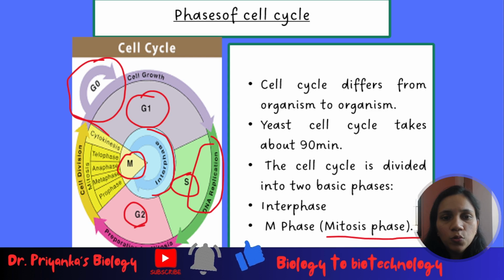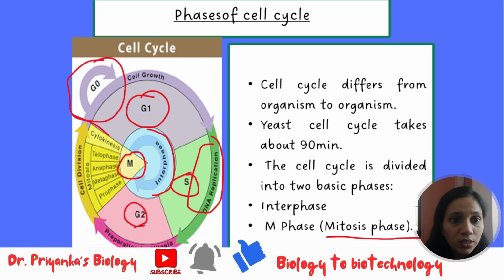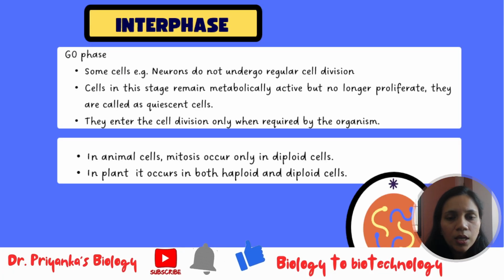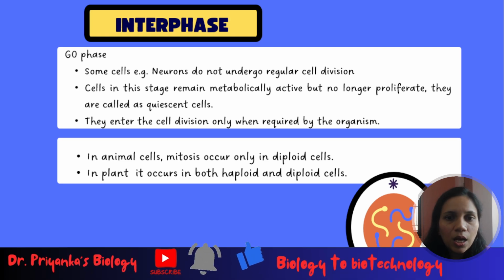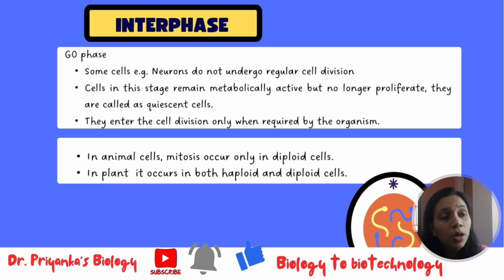So what happens in G0 phase? Zero means something is at rest, the resting phase. G0 phase occurs especially in those cells which do not undergo regular cell division, for example neurons. The cells in this phase remain metabolically active, but there is no cell division, they do not proliferate.